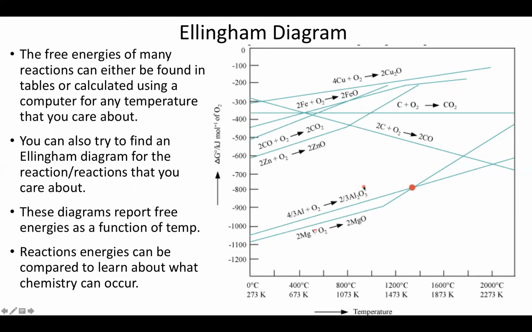And this can be quite advantageous because it turns out if I mix magnesium metal with aluminum oxide, zinc oxide, carbon dioxide, carbon monoxide, iron oxides, or cupric oxides, I am always going to end up with the same product, magnesium oxide. It will steal oxygen from anything.